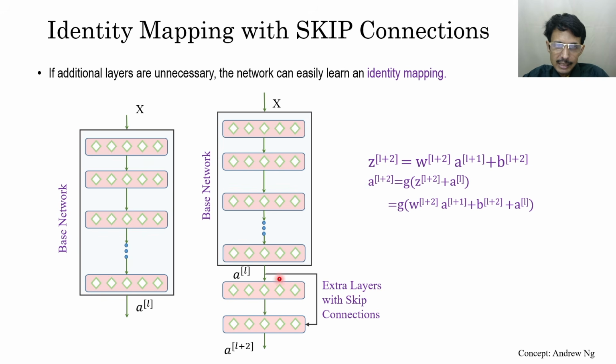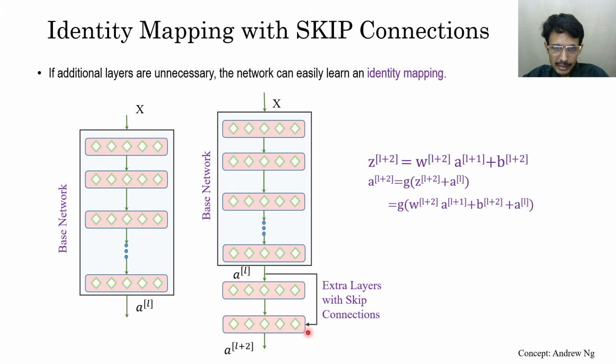Now, you see, for a second, if you imagine there is no connection, identity mapping means that these two layers are basically non-functional. Okay. Now, what is done by this skip connection?